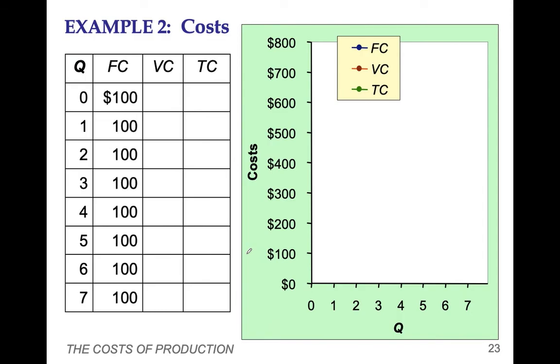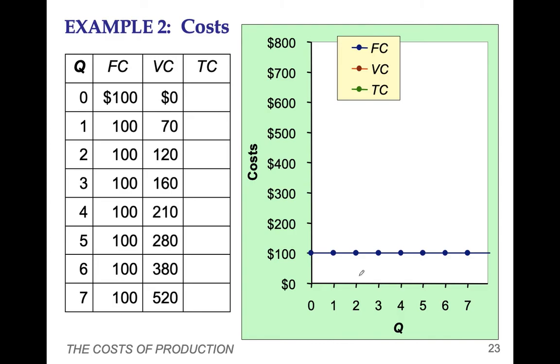Here we have data of different levels of output, Q, and the fixed costs should be fixed whatever the level of output is. So here in this example, the fixed cost is $100. If we draw the curve of fixed costs, obviously it will be a straight horizontal line. Whatever the level of production, these costs are always fixed.